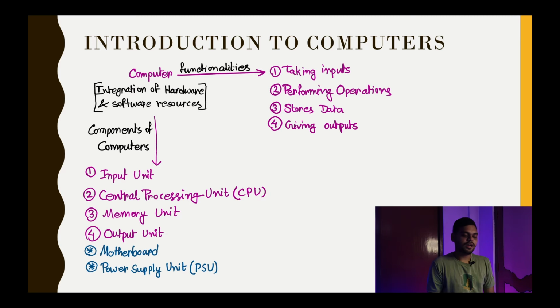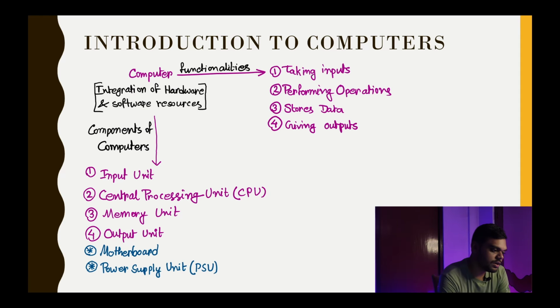The computer can take input, process some operations, store data, and also give the output. There are four major functionalities: first, taking input; second, performing operations; third, storing data; and fourth, giving the output.